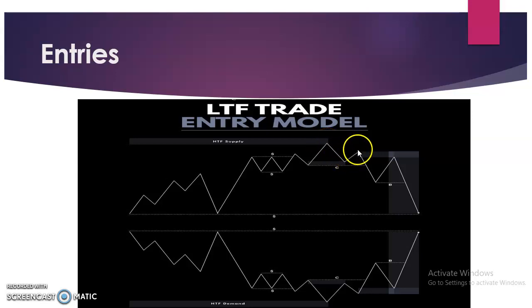You are looking for this particular support to be broken, and that support was eventually broken. So immediately you see that broken support, all you want to do is draw out the OB, that is your order block or your basing candle, in that particular area.